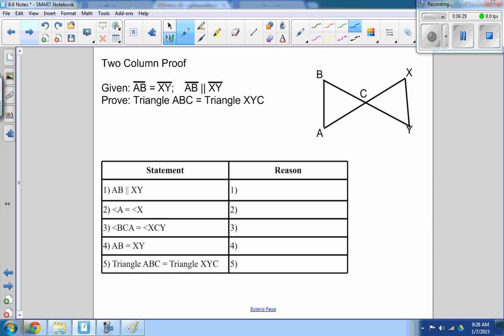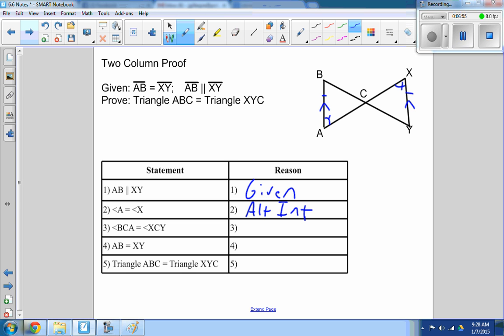Let's do a two-column proof here. We're given AB is equal to XY, and AB is parallel to XY. So let's go ahead and mark that AB congruent to XY, and they're also parallel. First step is given. So angle A is congruent to angle X, alternate interior angles.